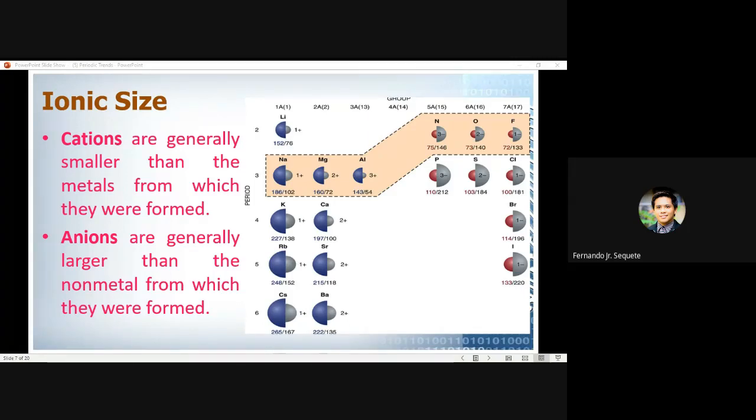Now, according to the rule on the presentation, cations. Na plus is a cation.